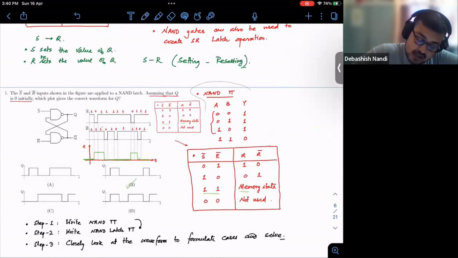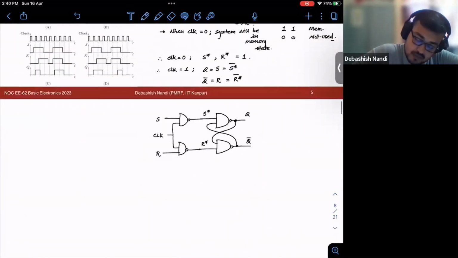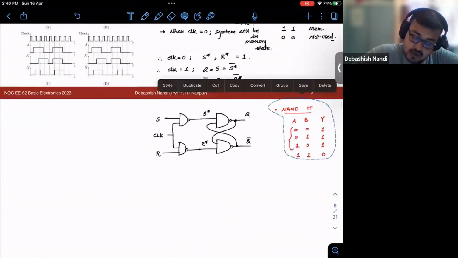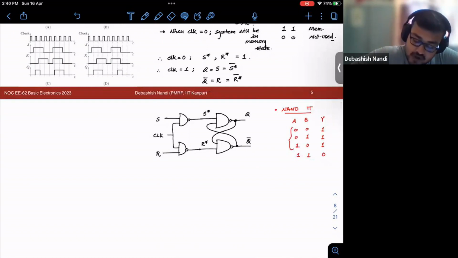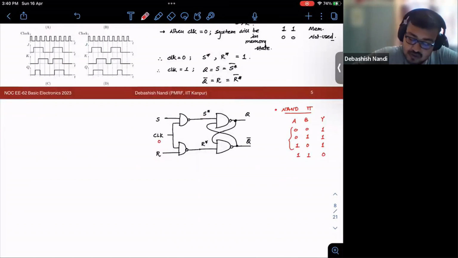Let us recall this. If your clock is 0, any of the input is 0, output will always be 1. So this will always be 1 and the system will be in memory state.